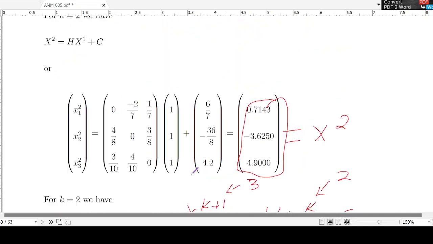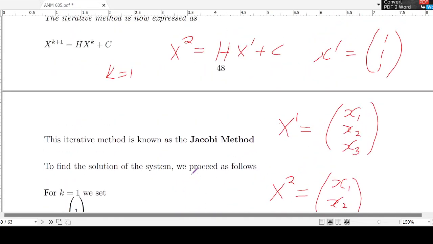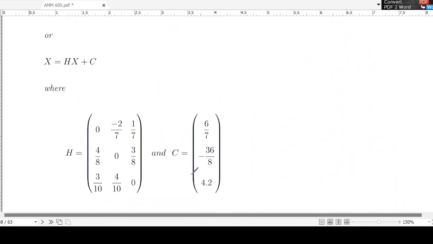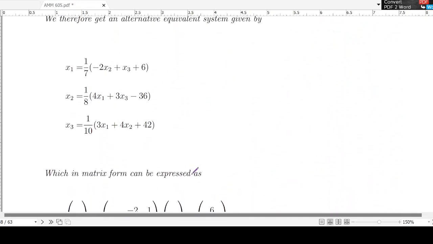Now, see that we do not necessarily need to express the system in matrix form.